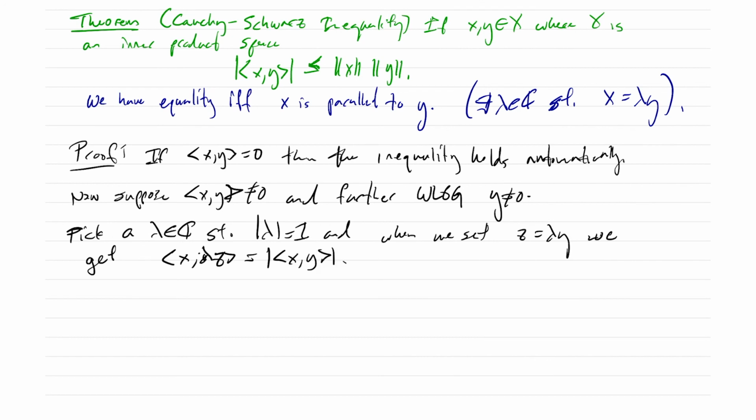That's not really that complicated. All I really did is pick the lambda that's going to rotate the complex number we get out of our inner product, and make sure it's lined up to be positive.